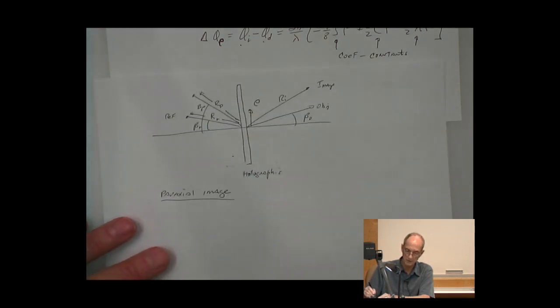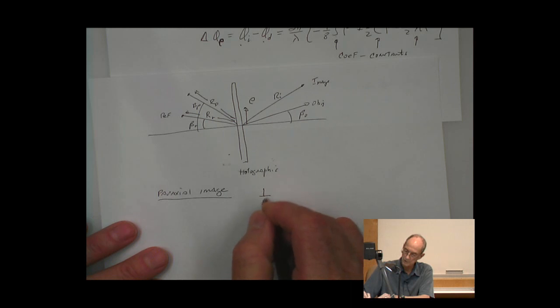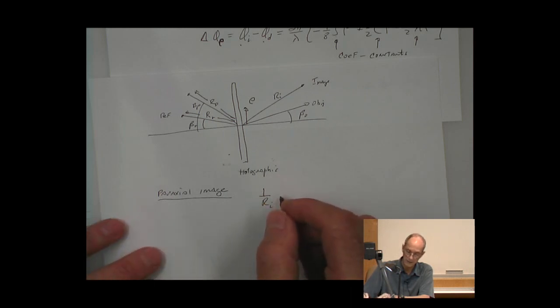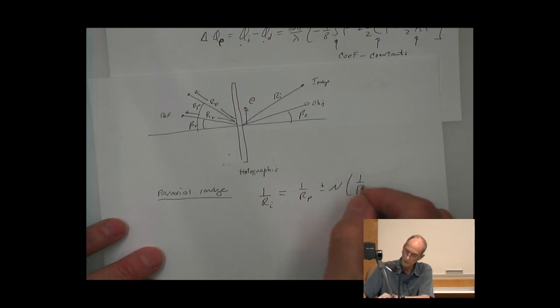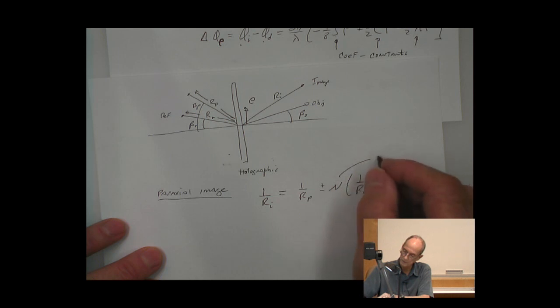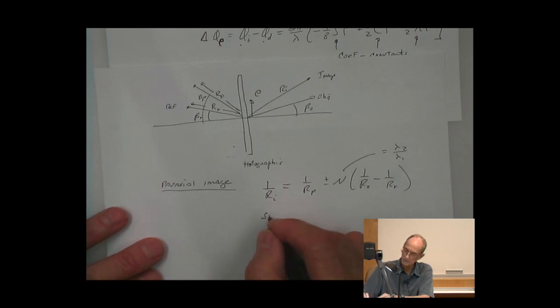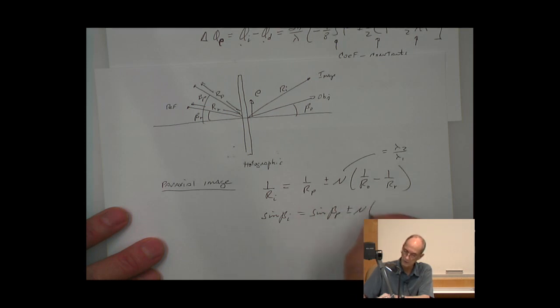The equation I gave last time was 1 over Ri equals 1 over Rp, plus or minus mu times 1 over R0 minus 1 over Rr, where again mu is equal to lambda 2 over lambda 1. And the angular relation is sine of beta i equals sine of beta p plus or minus mu times sine of beta 0 minus sine of beta r.